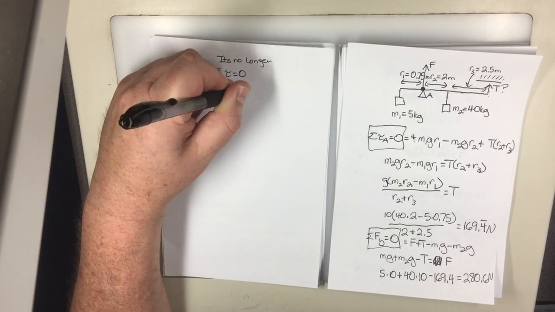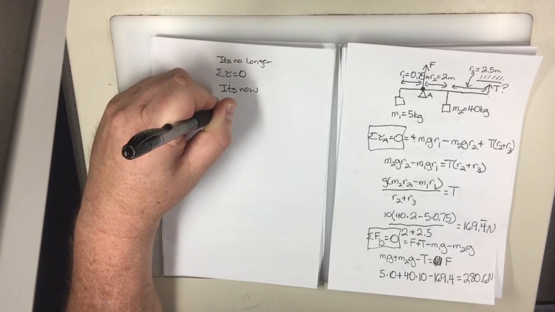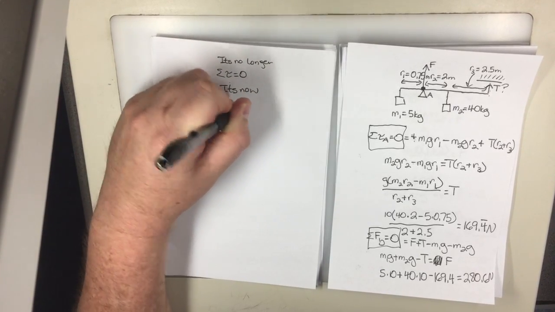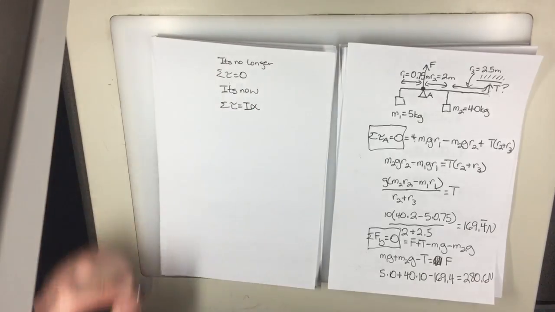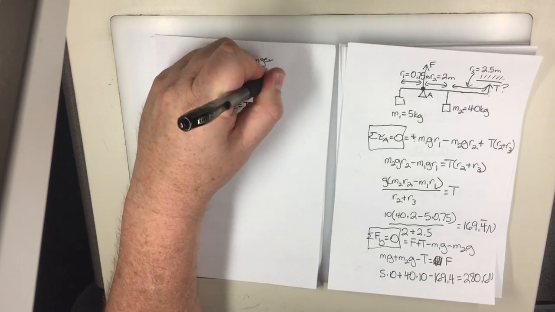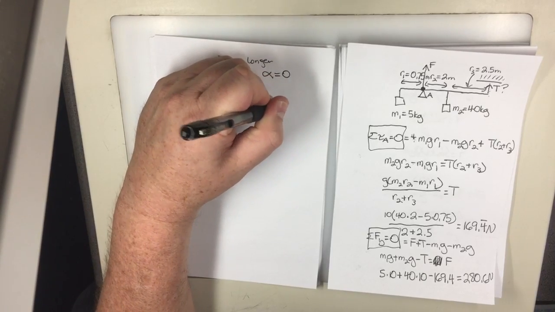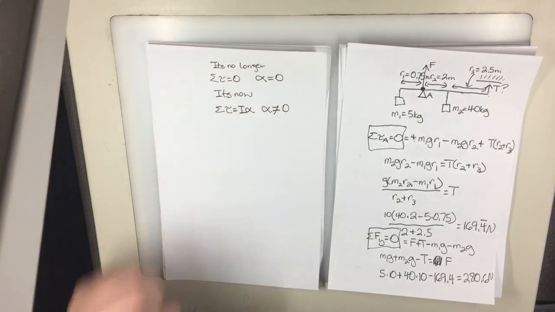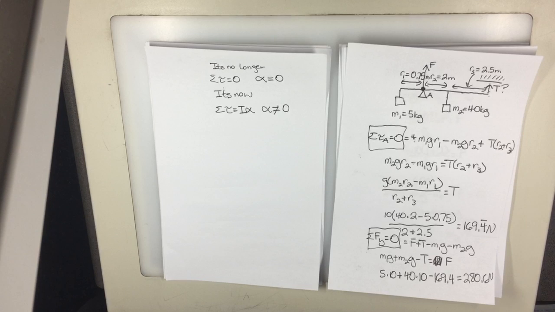It's now sum of the torques equals I alpha. In one case, alpha equals 0. In this particular case, alpha is not equal to 0. Now this opens up a whole new realm of what we could ask.